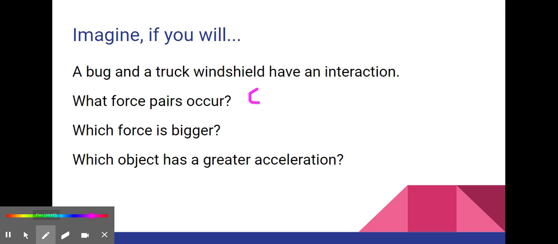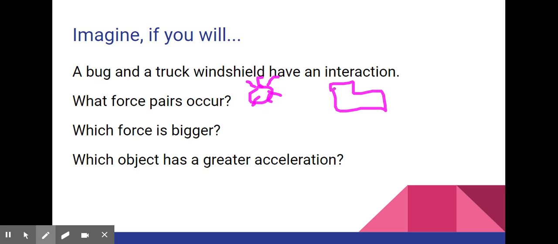So we've got our little bug, and we have our big truck. The truck exerts a force on the bug. I'll call this Ft, for F truck. And the bug exerts a force on the truck. So we'll call this Fb, for F bug. Okay, which force is bigger?